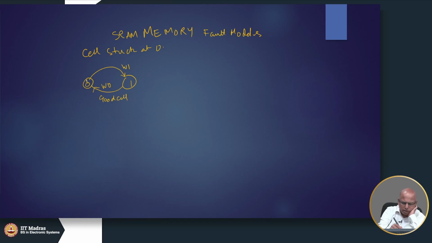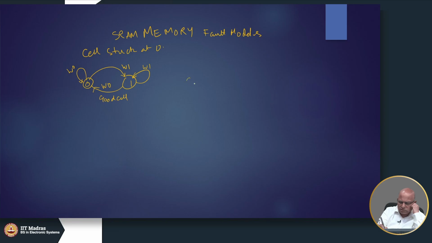If you do a write 0 it will stay here, if you write a 1 it will stay here. Of course, reads will not cause it to change state. If you try to read a 0 or read a 1, it is not going to change state, it will stay in the same state.